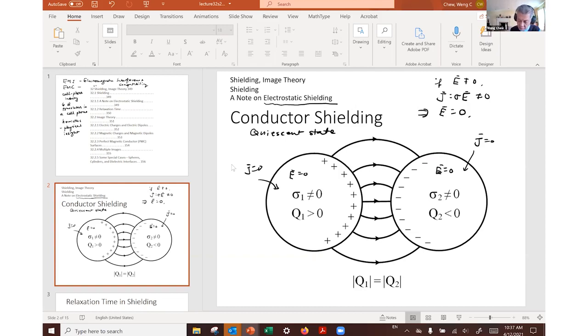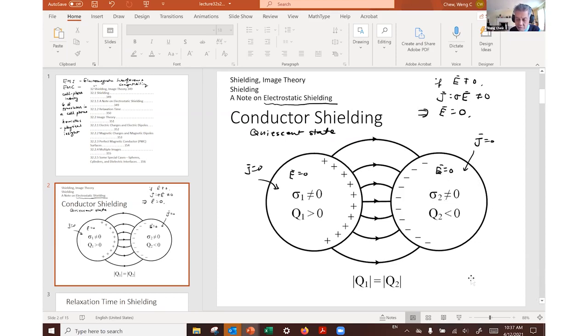And if the electric field is 0, that means that no current is flowing and you have reached the static regime. Otherwise, you will never get to the static regime. If the current keeps flowing and flowing, the current will produce a magnetic field, the magnetic field will produce an electric field, and so on. So you will never be in the static regime if the electric field is not equal to 0.